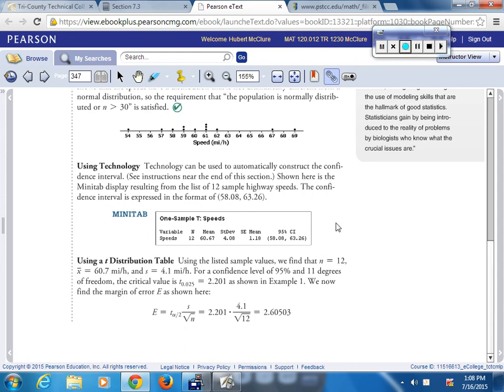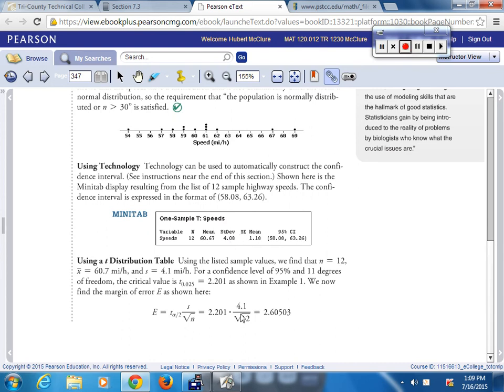I mean, now, what does all this mean? Well, let's see. We got a mean and a what? Standard deviation. Well, you know what to do with mean and standard deviation. 61 and a standard deviation of 4. Okay? So you can make your bell curve and find out where your 95% falls.